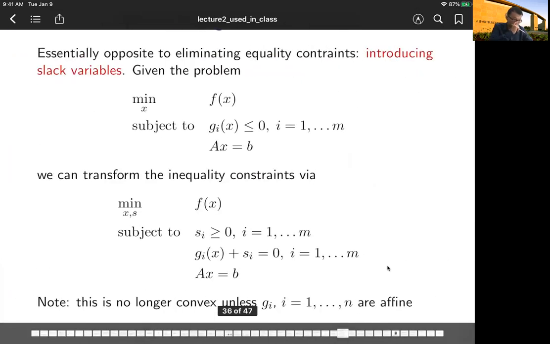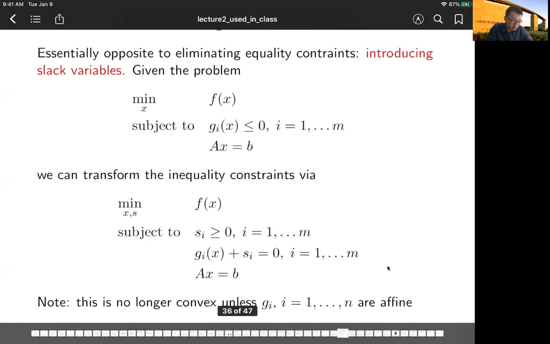Also, we can eliminate the complicated inequality constraints by introducing slack variables, right? Support vector machine is one example of that. You can introduce slack variables s_i and then convert this g_i(x) into an equality constraint.